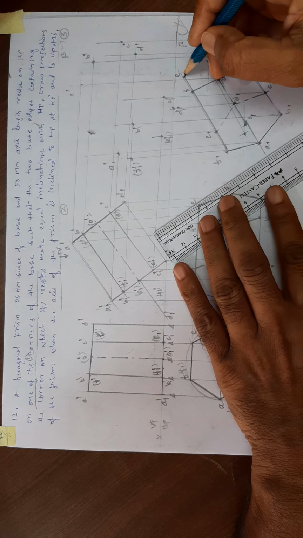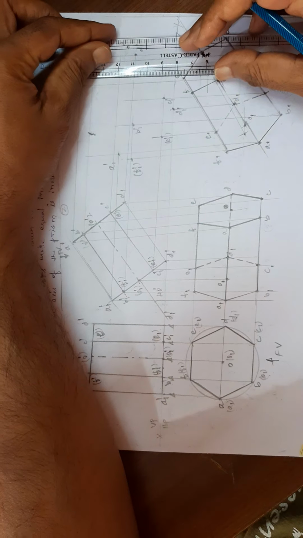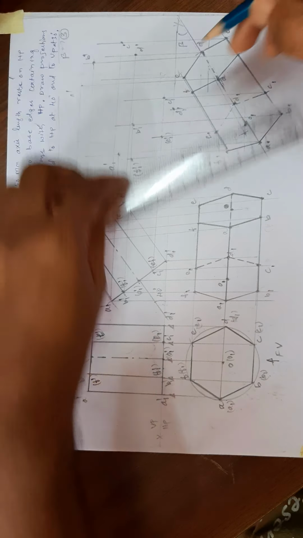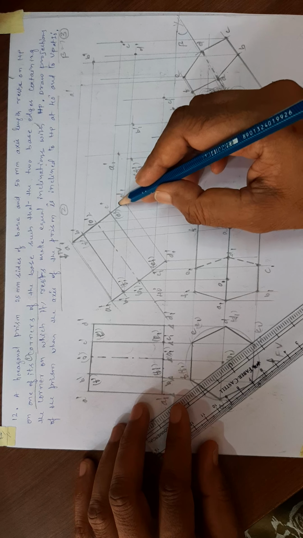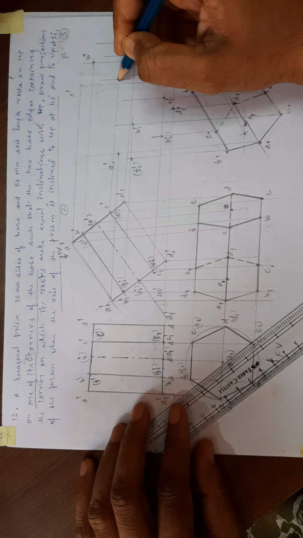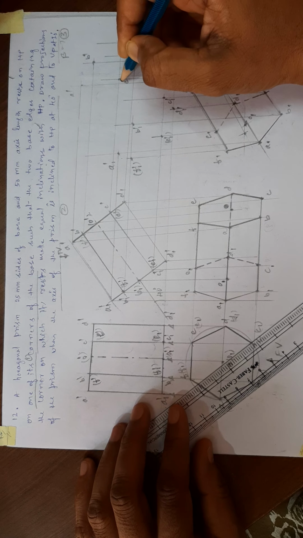Next, vertical projector line from the E, okay, horizontal projector line from the E dash. Where is the point here? E dash. Now this point is E dash.